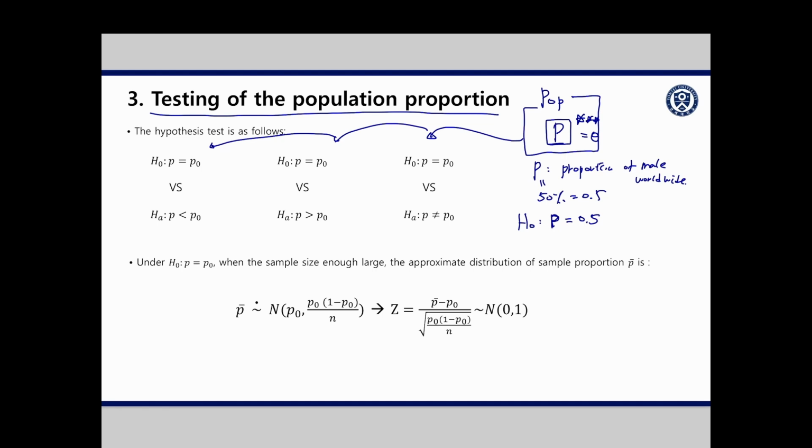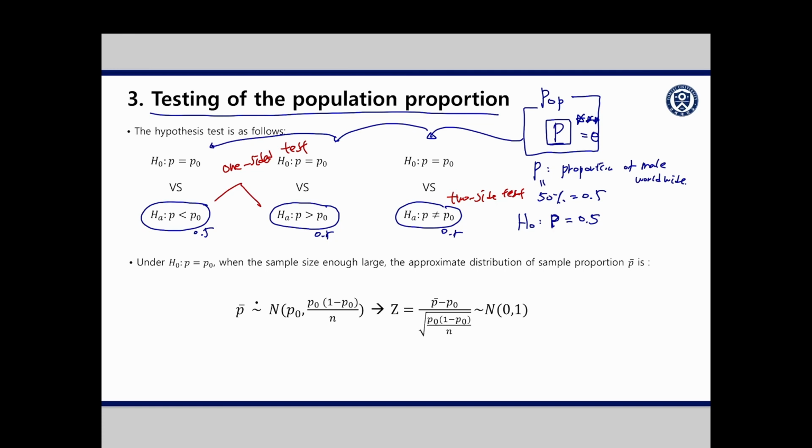And the alternative hypothesis can take three cases: P less than 0.5, P greater than 0.5, or P not equal to 0.5. You know, that is the two-sided test. Okay. This case is the one-sided test. Okay.